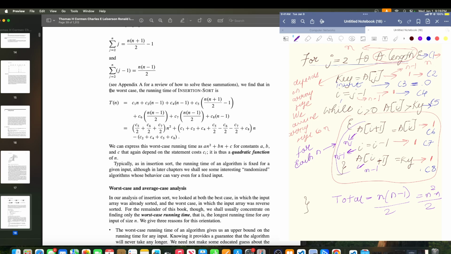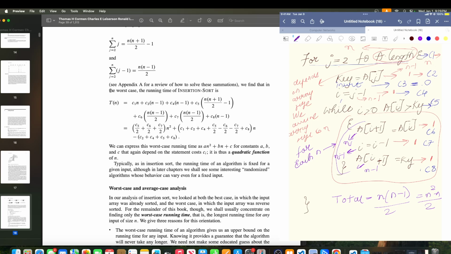Remember, if you have a function that has n squared and other terms, the rate of that function will be determined by the term that has the highest power, your n square. So basically, you can resolve it to n square. The exact one is an square plus bn plus c. That is the exact result.